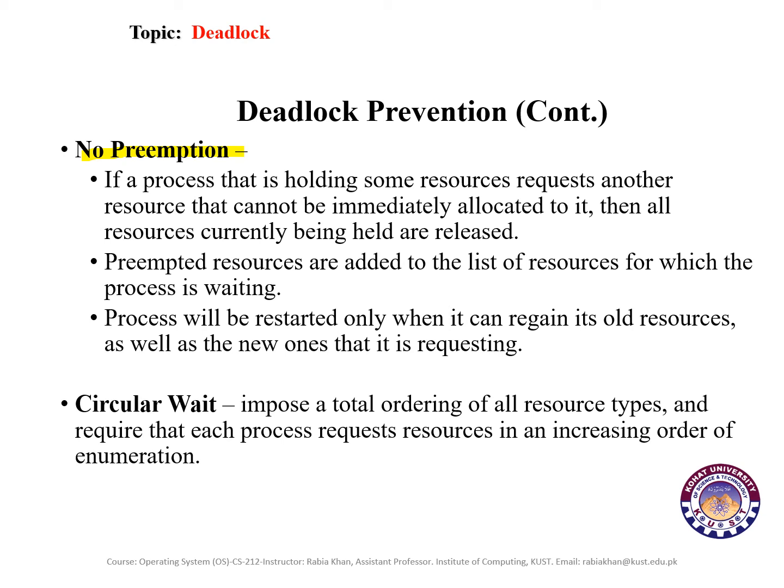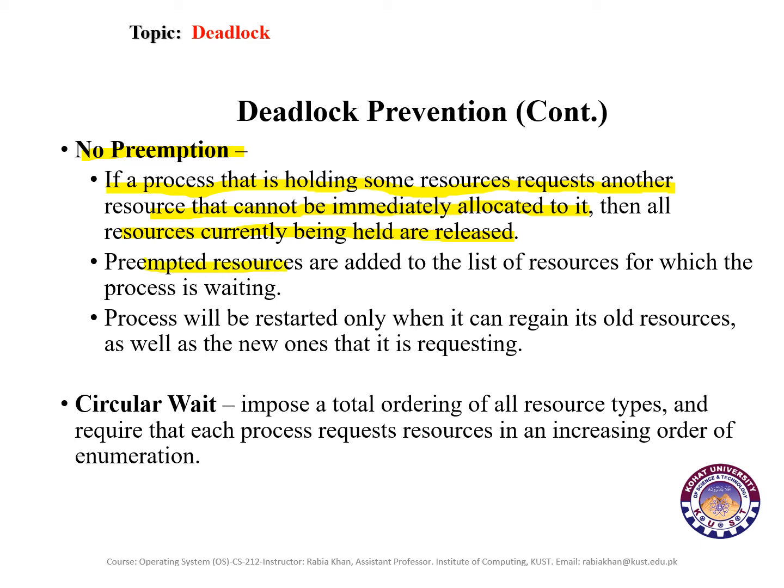So, how can we prevent the no preemption condition? If a process that is already holding some resources requests other resources which are not available at the time of its request, that process needs to release all its held resources.